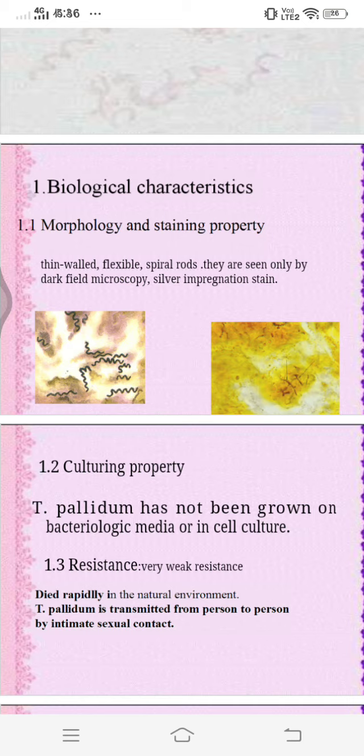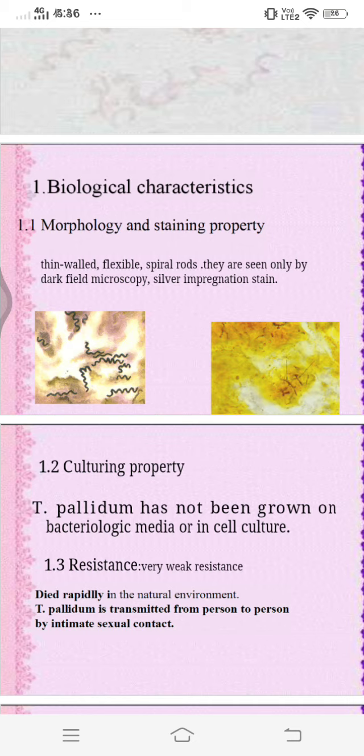How can we destroy pallidum? They are very delicate bacteria, so they are inactivated by heating and also by drying. Fomites are of little importance in transmission, and it can be killed at 0 to 4 degrees in just 1 to 3 days.